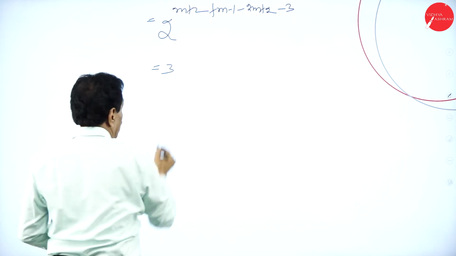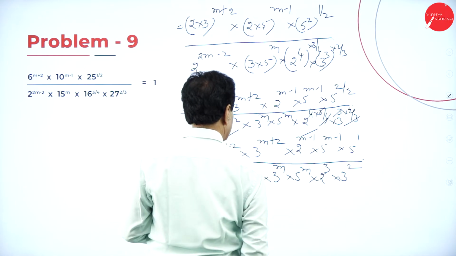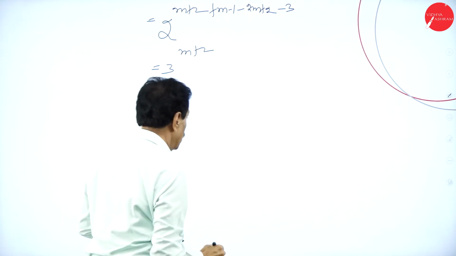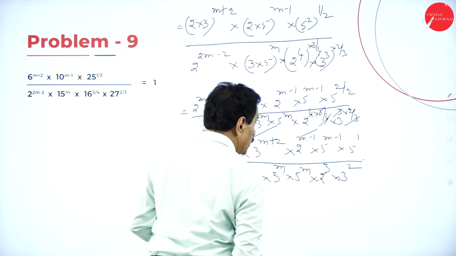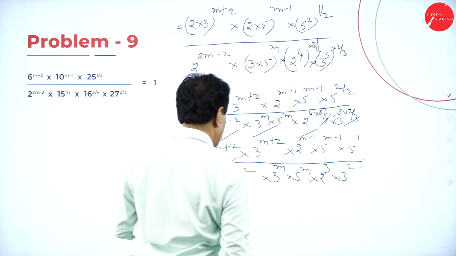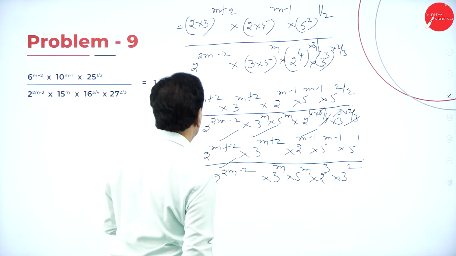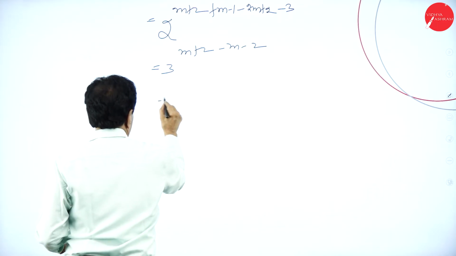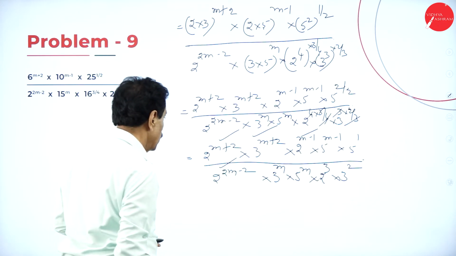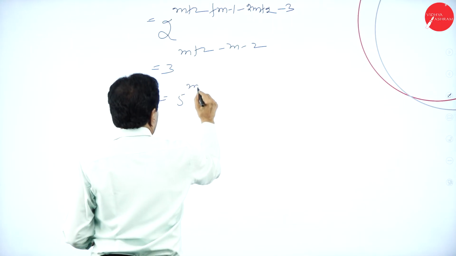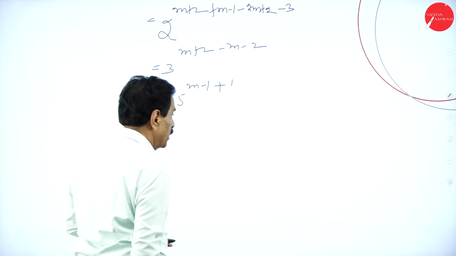Then regarding the 3, m plus 2, this over, then minus m, minus 2. Regarding the 5, 5 to the power of m minus 1 plus 1.